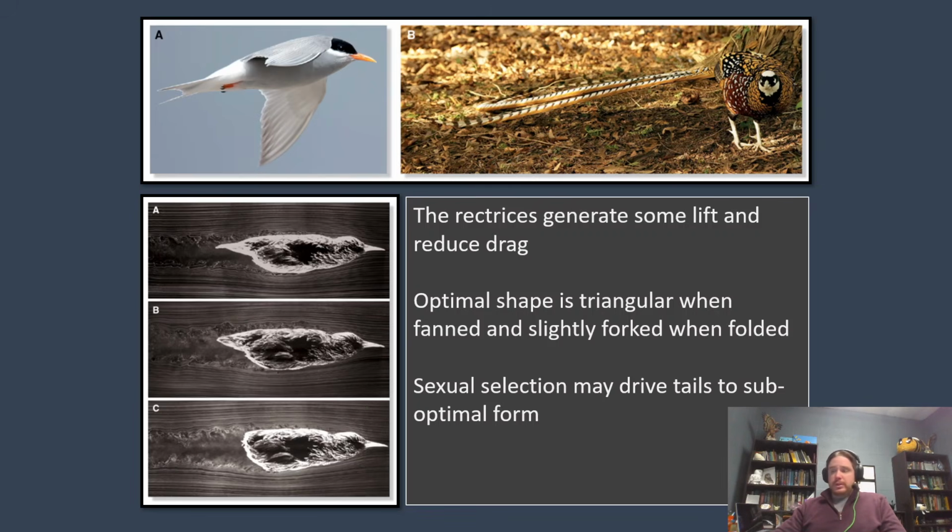So this picture on the left here is showing what happens as you remove the tail feathers from a bird.